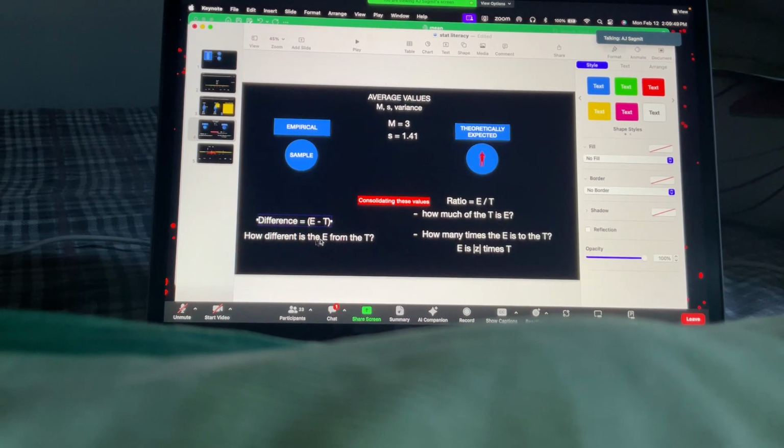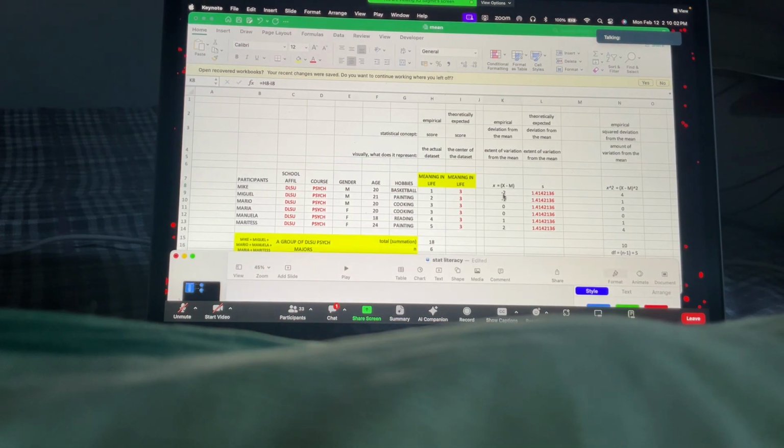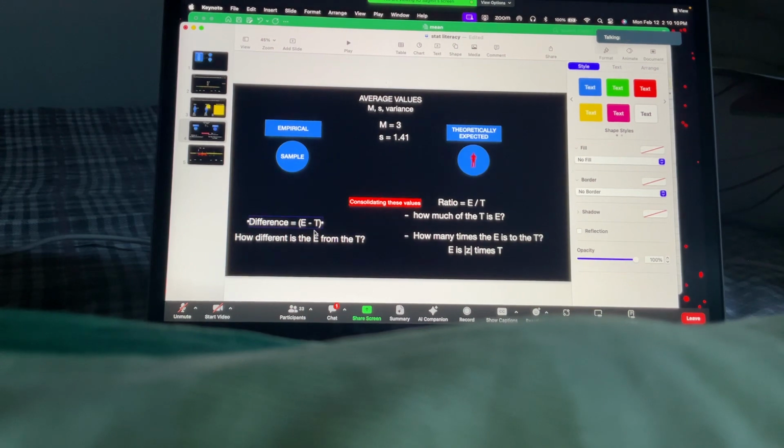So you say, how different is the actual score of Mike from the theoretically expected score as a DLSU psych major? That's how you can interpret this. Okay, so it's really understanding the formula, what the formula is telling us.